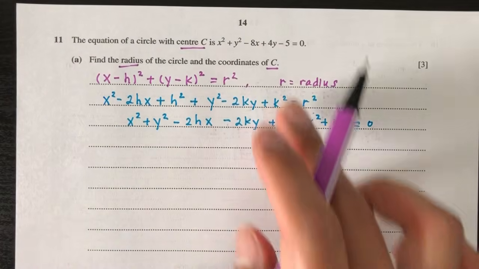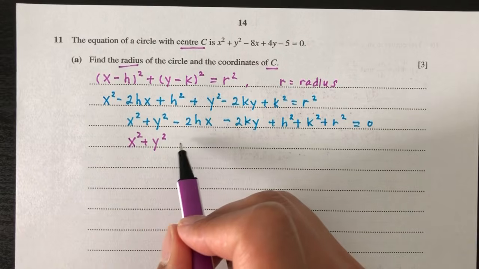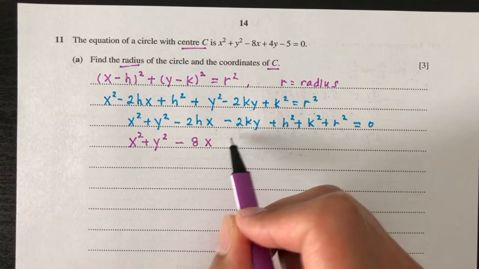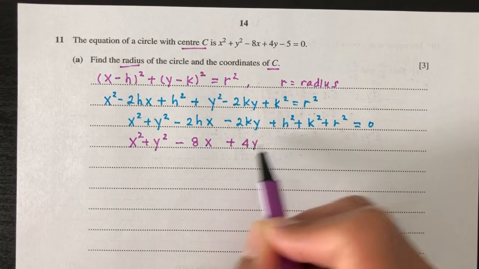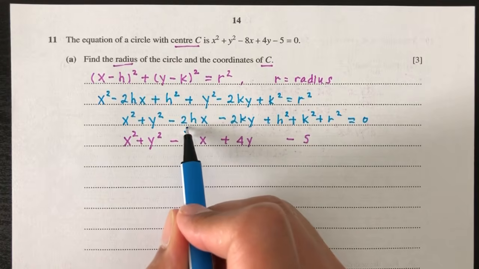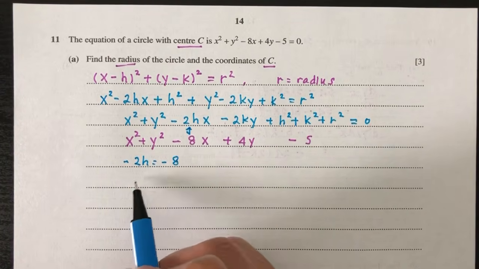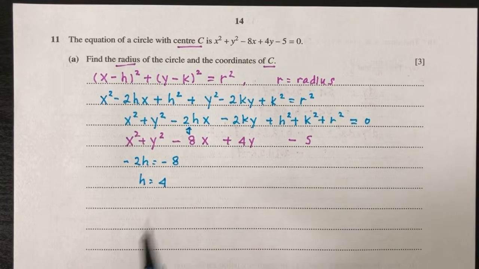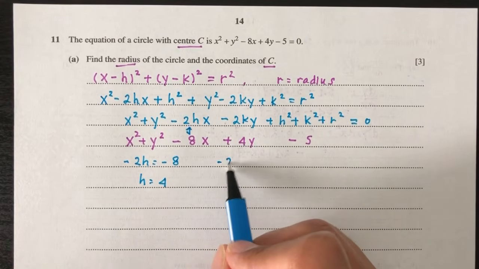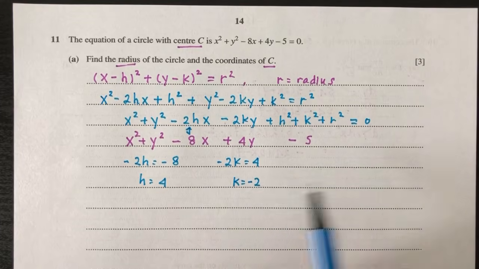Now let's compare this with our equation here, which is x squared plus y squared minus 8x plus 4y minus 5. So now if you compare, you will see that these two are the same. So minus 2h equal to minus 8, which means h will be 4. This one, minus 2k equal to 4, so k will be minus 2.